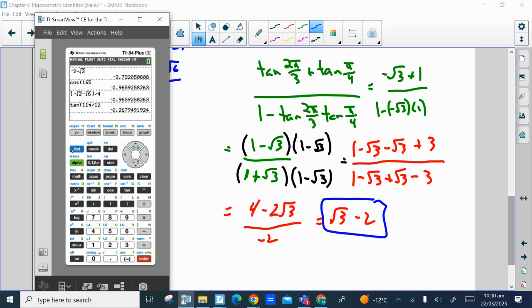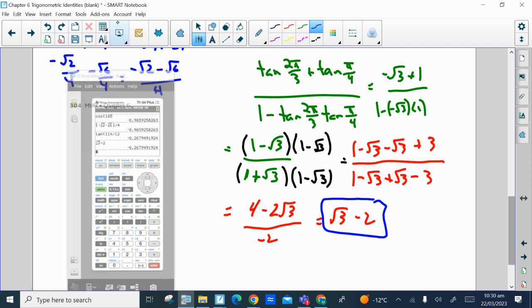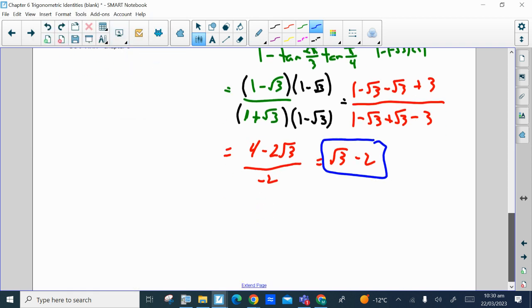If we take the answer we got, which is the root of 3, take away 2, exactly the same decimal. So our answer is confirmed. But we found it as an exact value instead of the calculator, which gives us an answer as an irrational number, so it has to be rounded off, and therefore it's now an approximation.